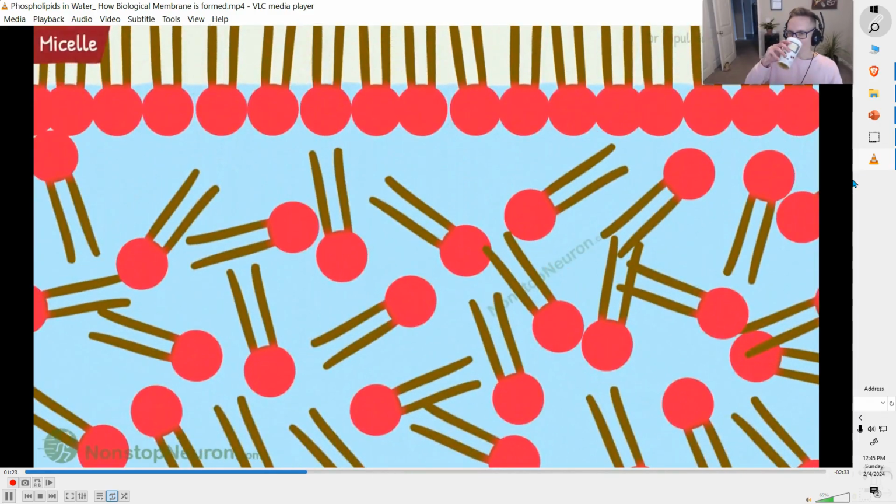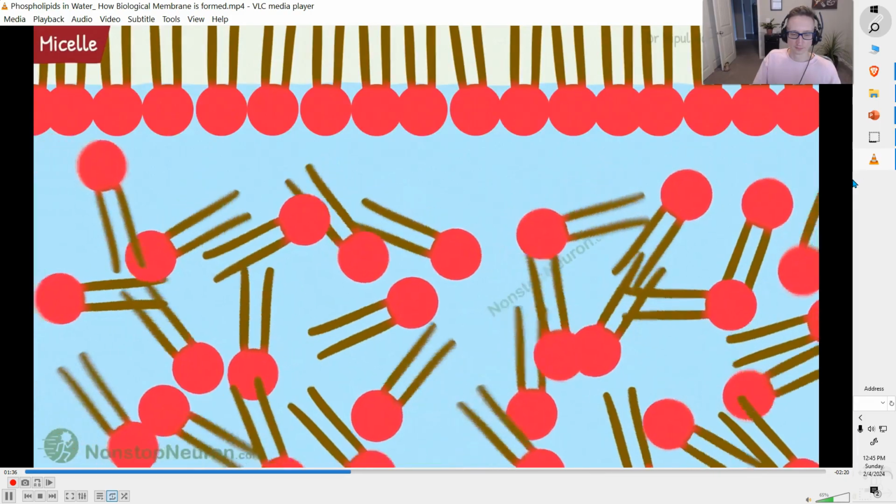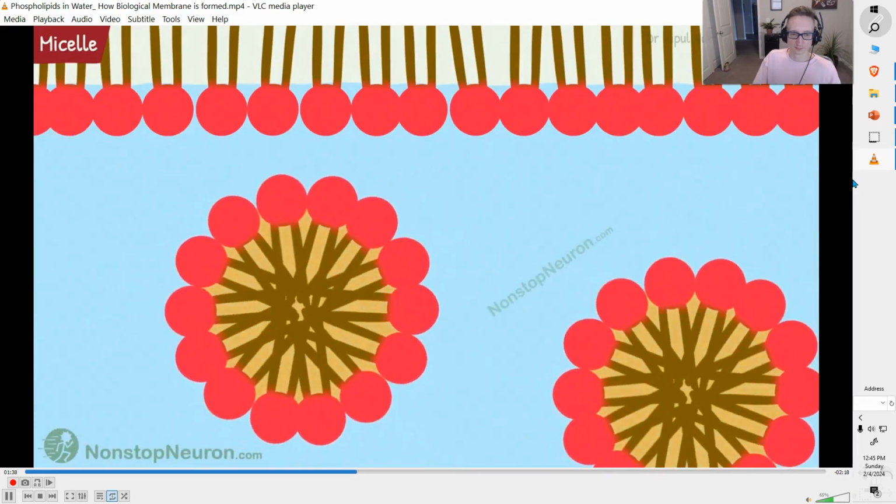Now if we add more molecules, they have to stay in the bulk of water. The phosphate group has no problem with this, but the fatty acid chain cannot accept this. It doesn't want to stay in contact with water. So all the molecules do teamwork. They make a sphere in which fatty acids of all the molecules gather at the center.